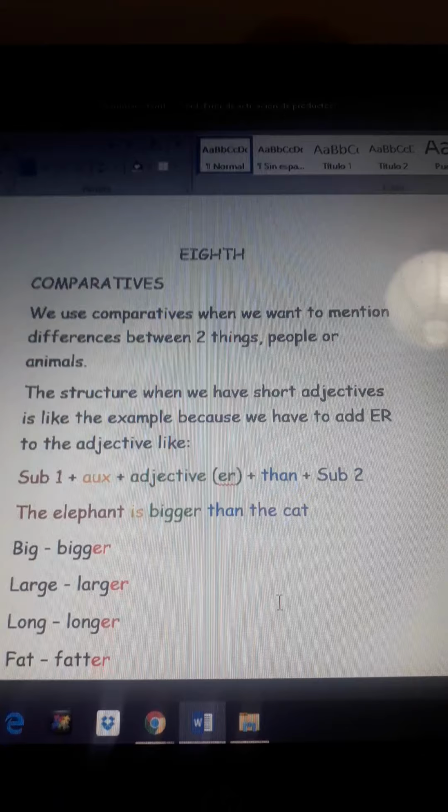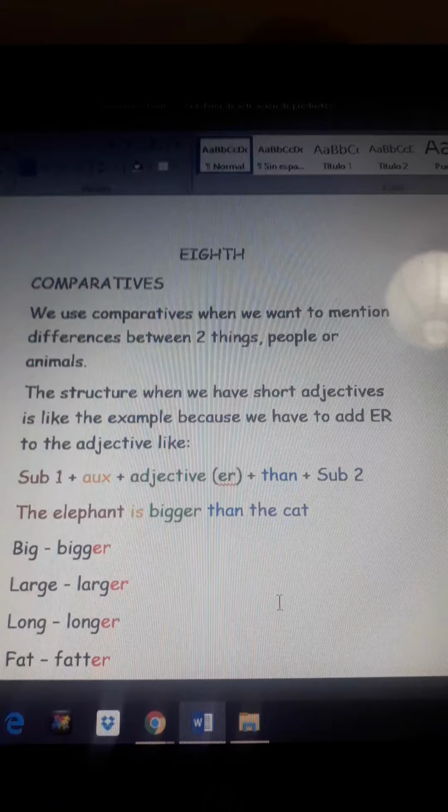So guys, when we talk about comparatives, we use them to mention the difference between two things or two people or animals. So we want to differentiate or compare two things. The structure when we have short adjectives is like the example, because we have to add -er to the adjective.